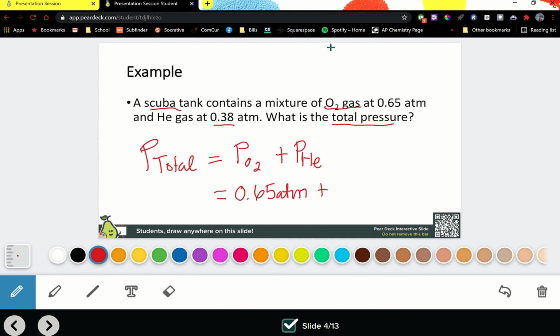That's key. If we're adding something, we have to have the same units. So plus our pressure of helium, 0.38 atmospheres. When we add that together, 0.65 plus 0.38, I get 1.03 atmospheres. And that's my total pressure.